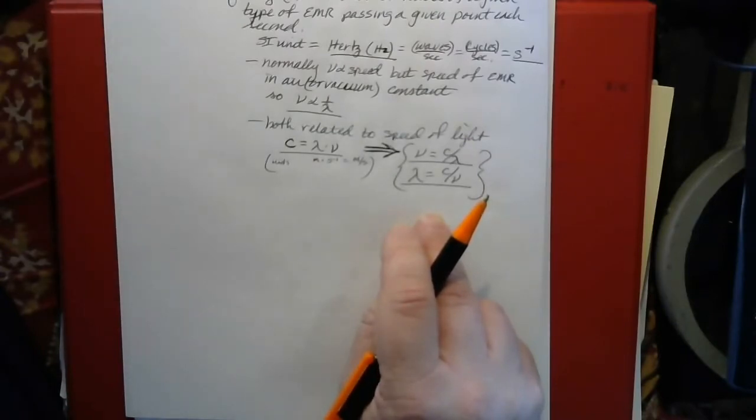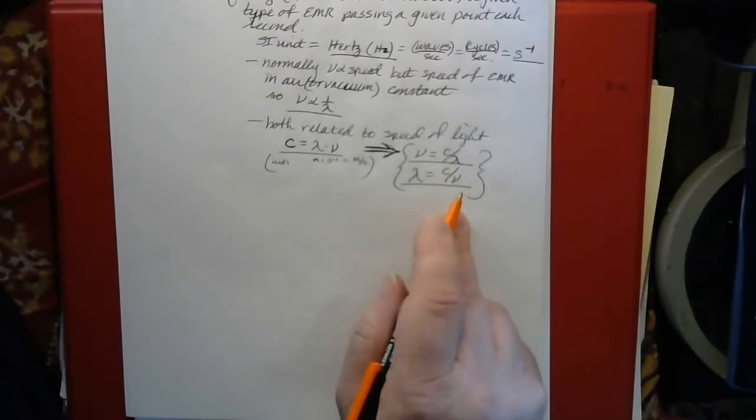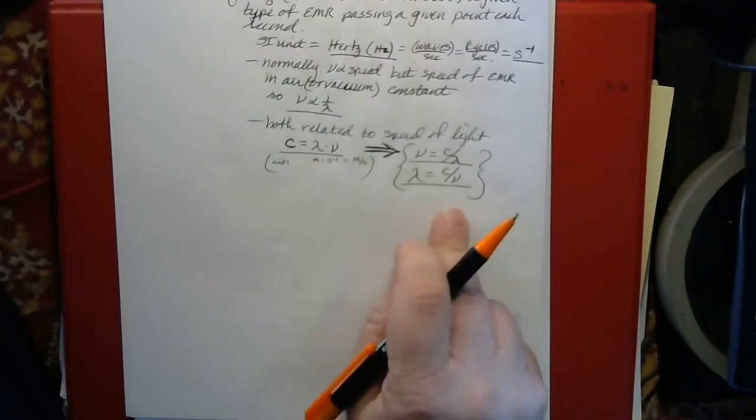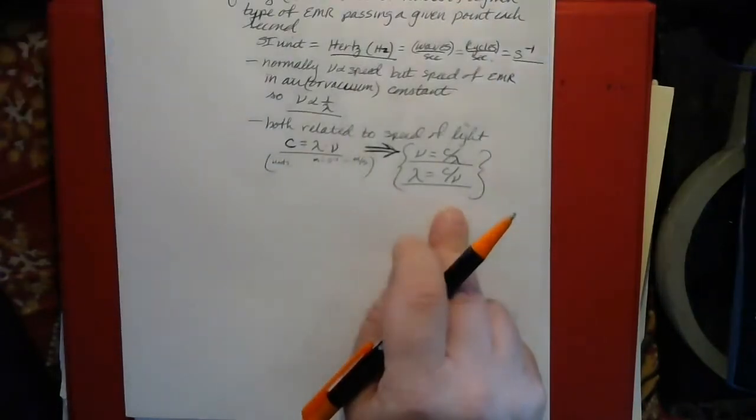So if you're listening to a radio station with, say, a frequency of 91.3 megahertz, that means that 91.3 million waves go past a given point every second for the signal of that radio station.